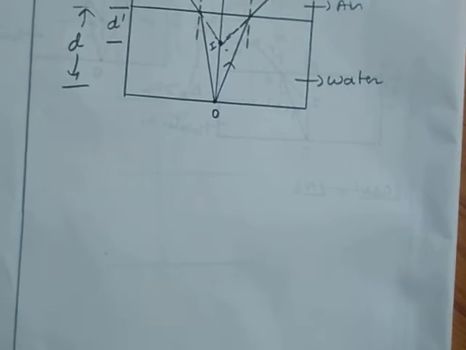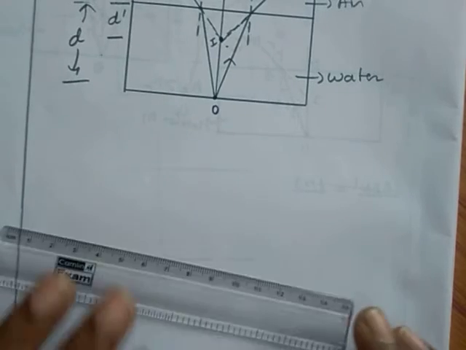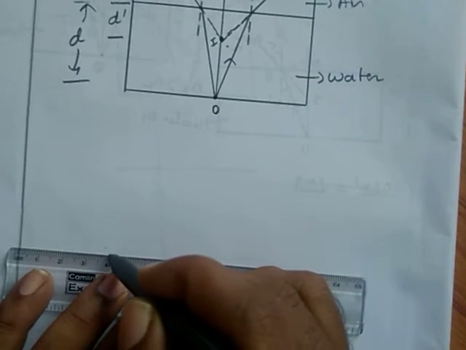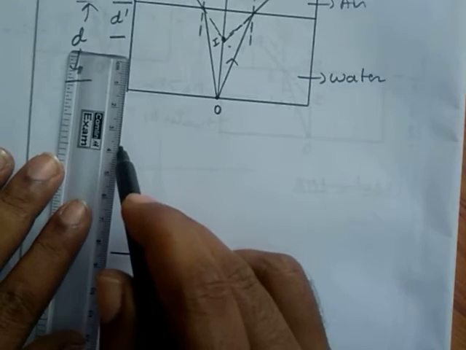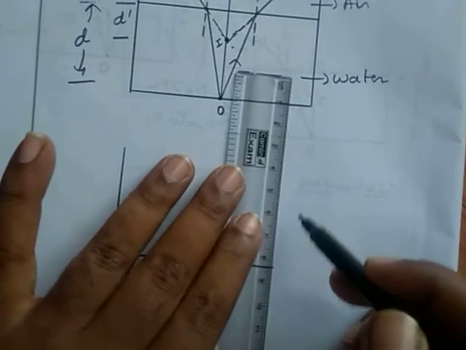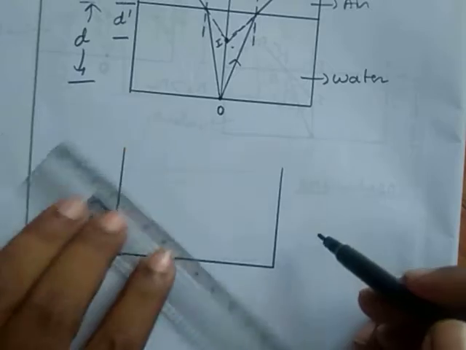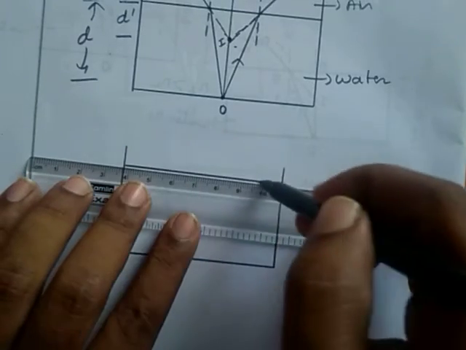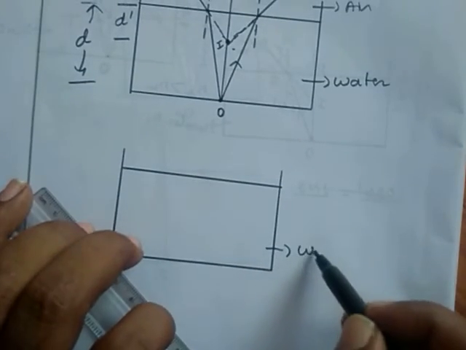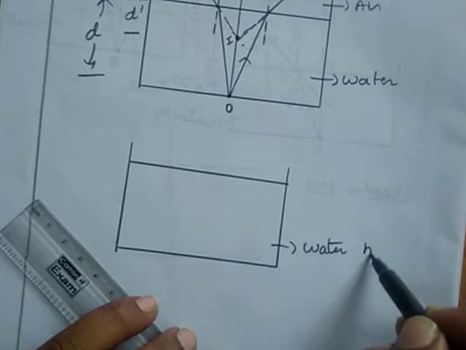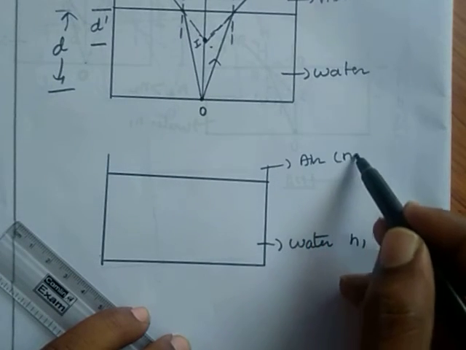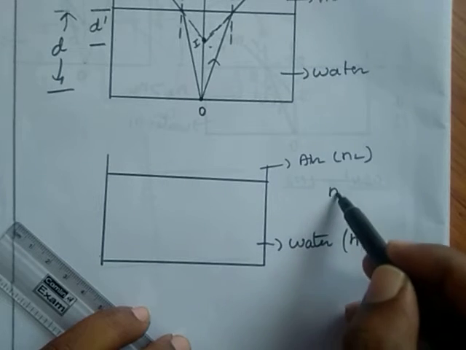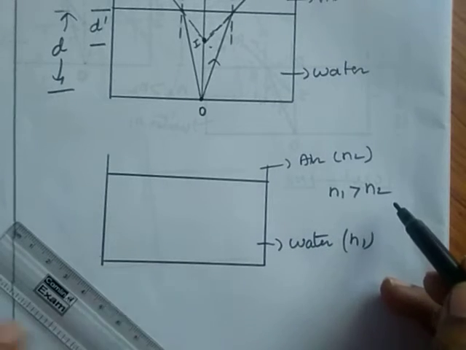For that I consider the same situation. Here I consider the same water tank, filled with water of refractive index N1. Here it is air of refractive index N2. N1 is greater than N2.